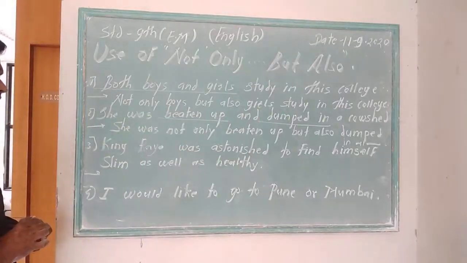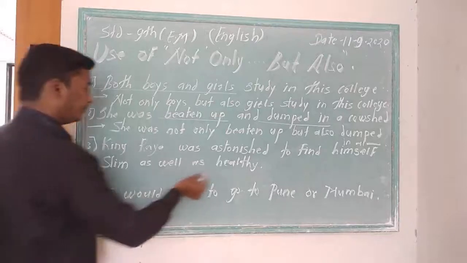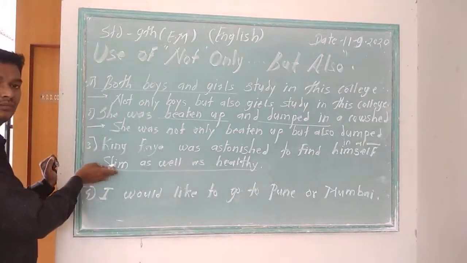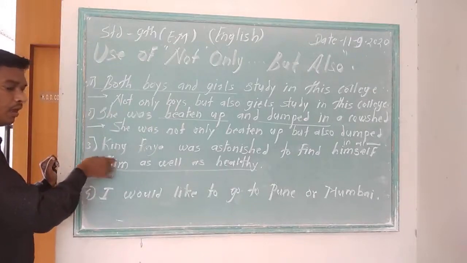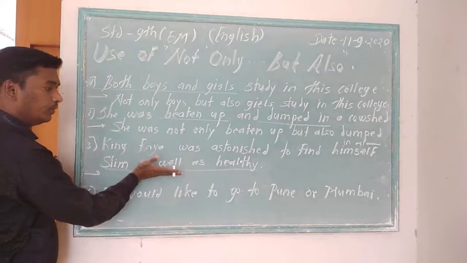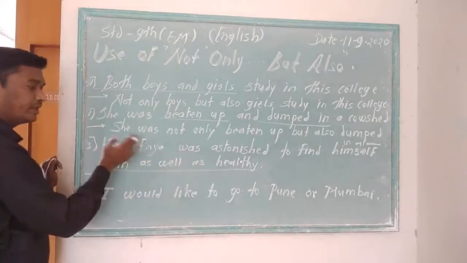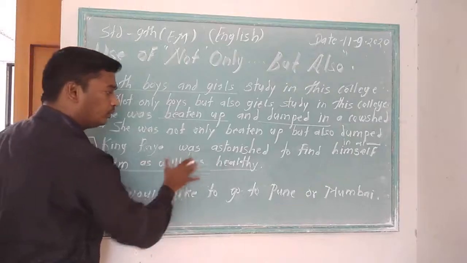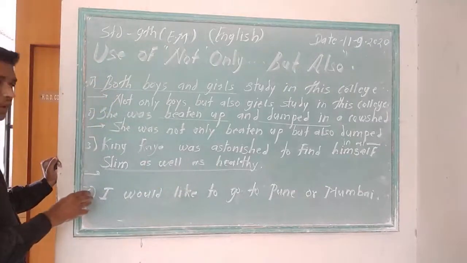King Roy was astonished to find himself slim as well as healthy. In this sentence, these two adjectives, slim and healthy, have been joined with as well as. Okay, we have to join these adjectives with not only but also.